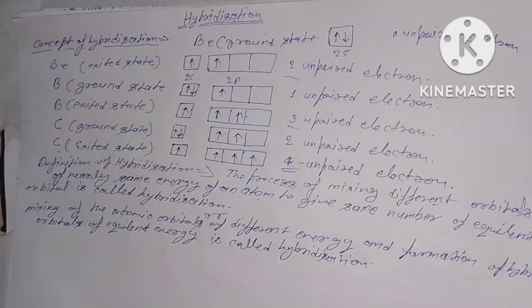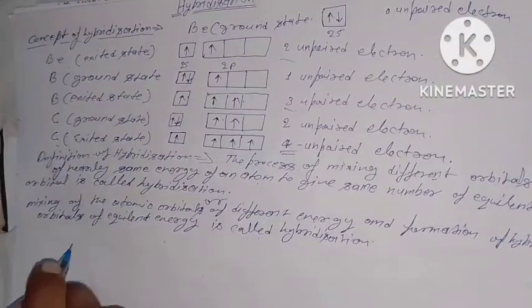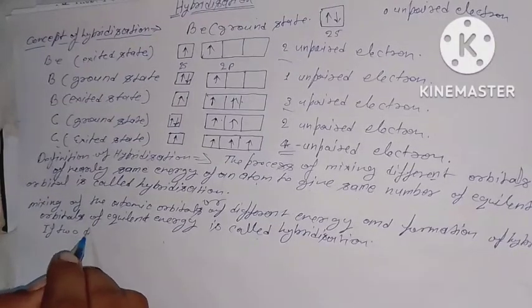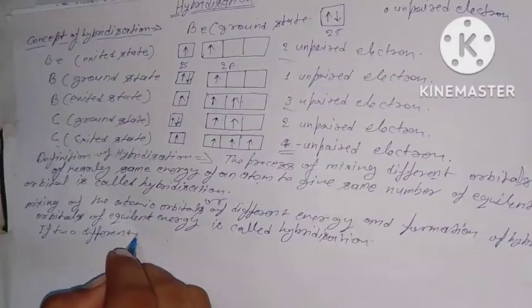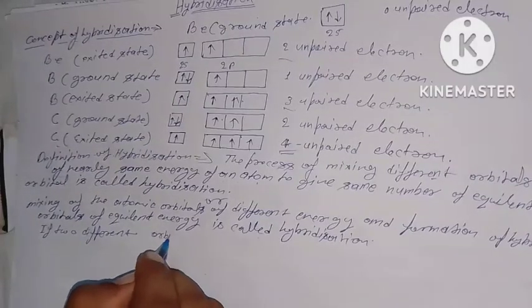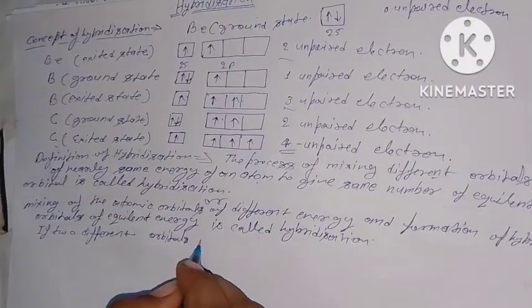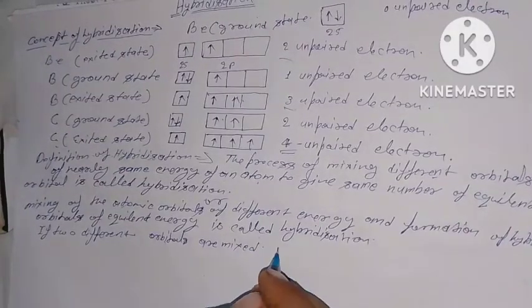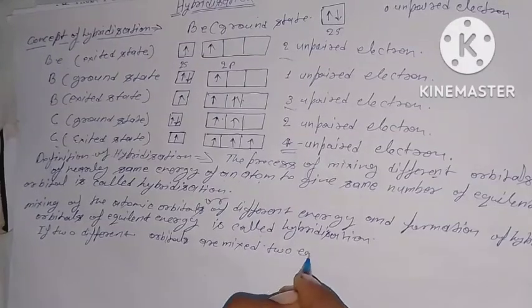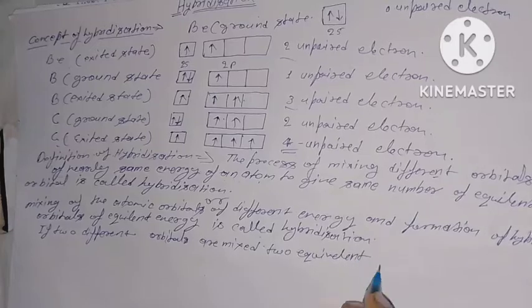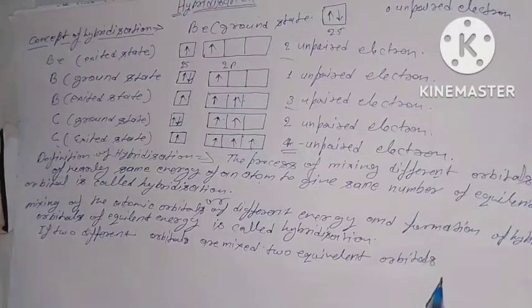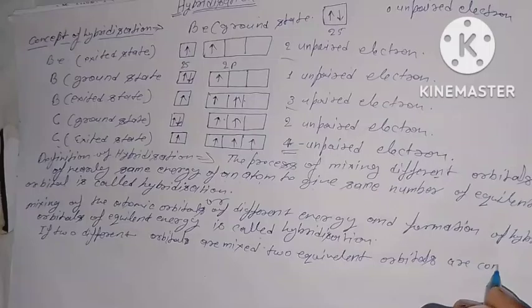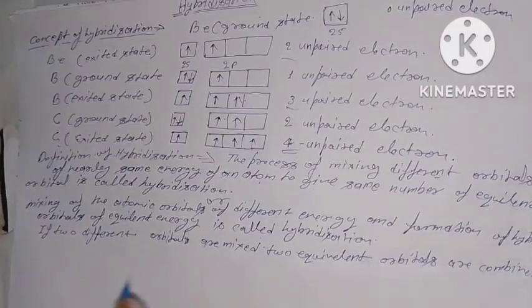Okay? If two different orbitals are mixed, two equivalent orbitals are obtained.